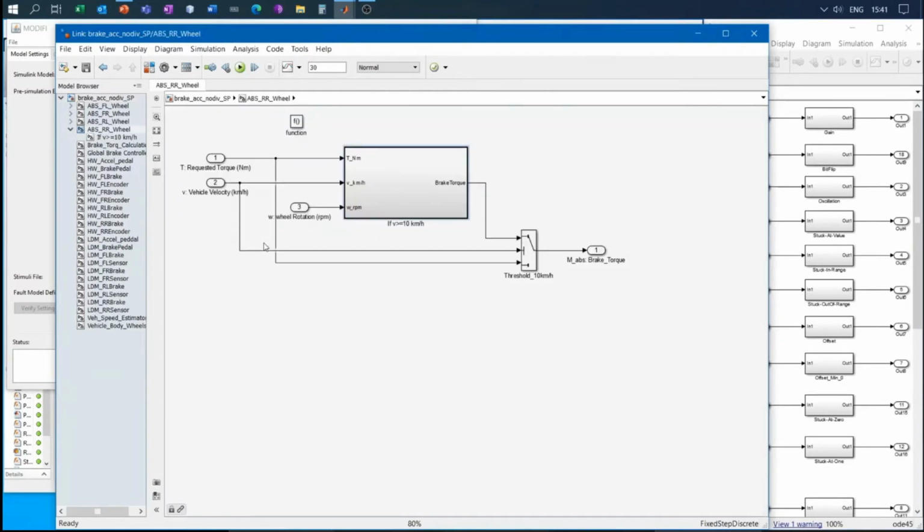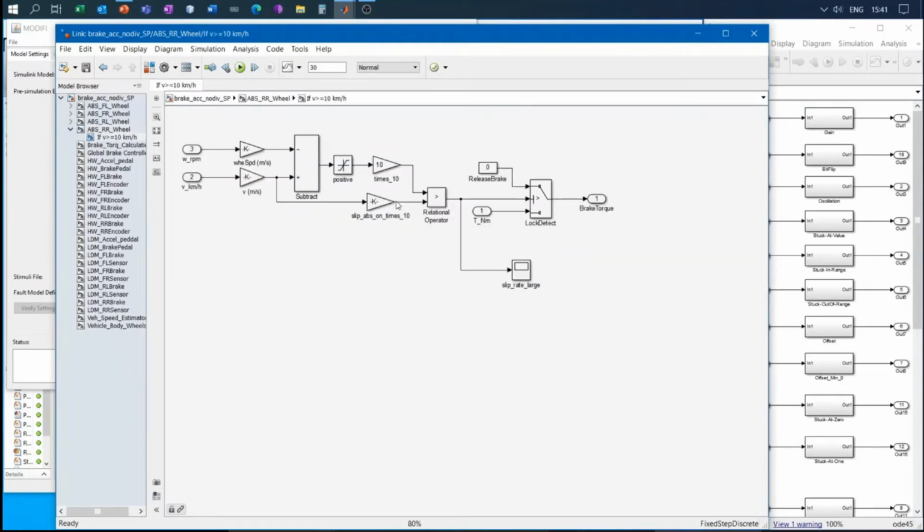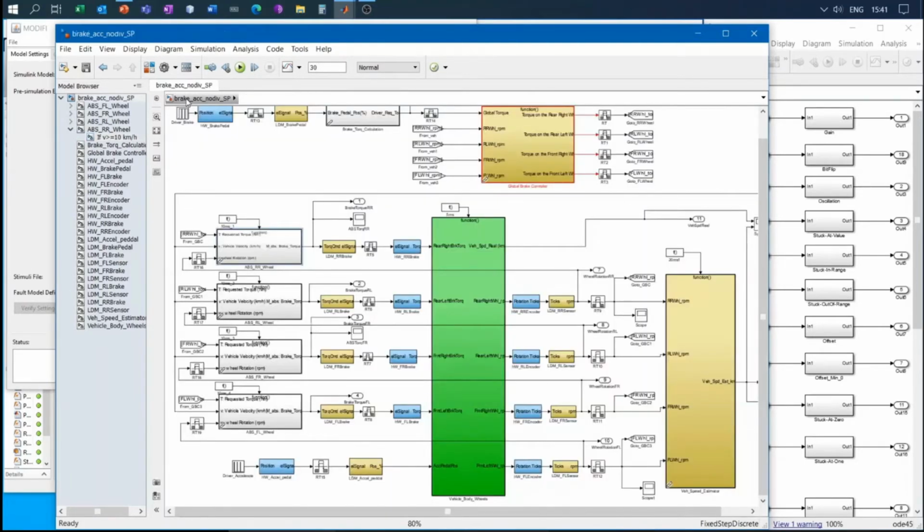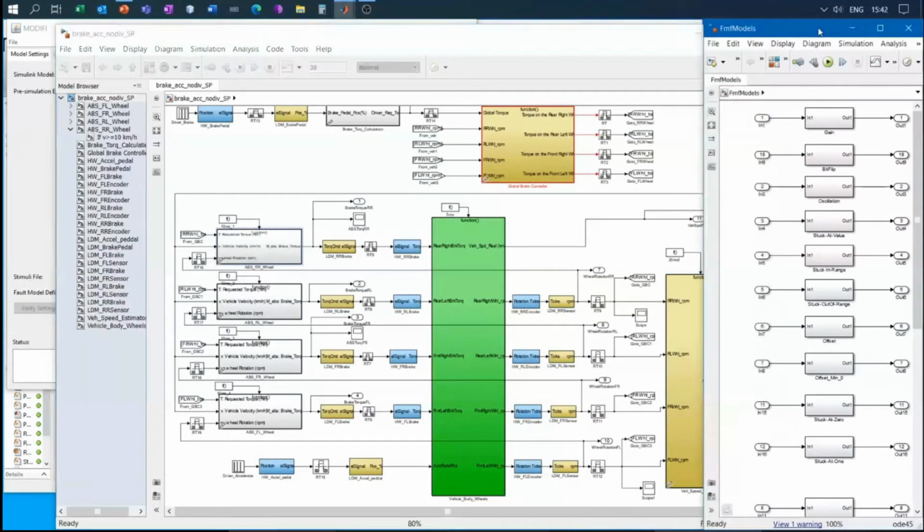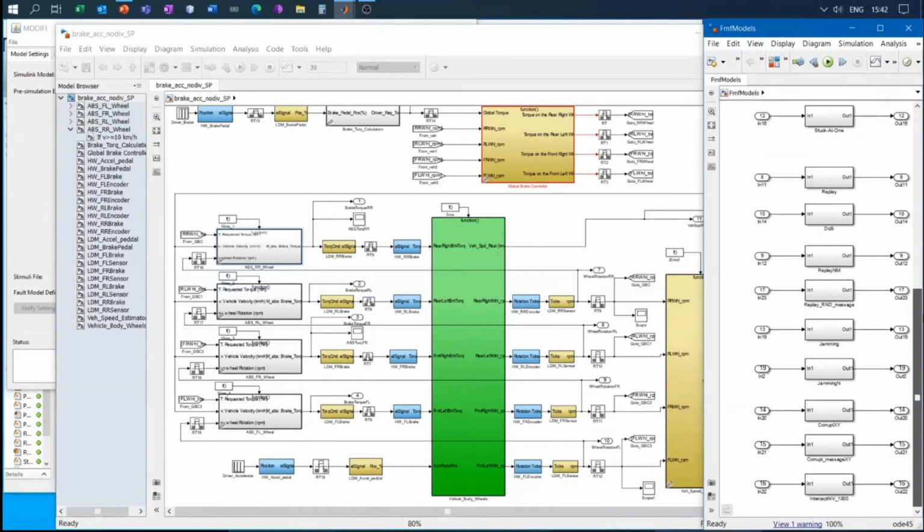As I said, the tool is able to inject faults on all input and output signals at any level of the model. And the fault and attack model library can be extended by the user. Here we see the fault models at the top that we currently have, and the attack models at the bottom.